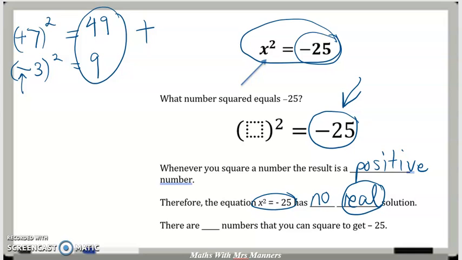There actually is a number. It's called a complex number, but at this point of year 8, we're not really going to get into complex numbers. So for now, our response will be that there is no real solution, no number on the number line that I can square to get minus 25.